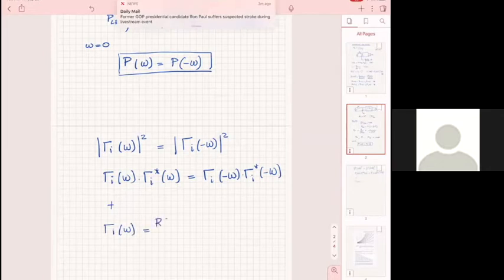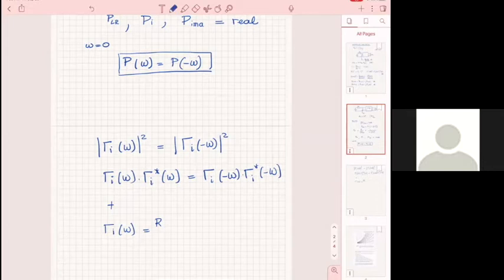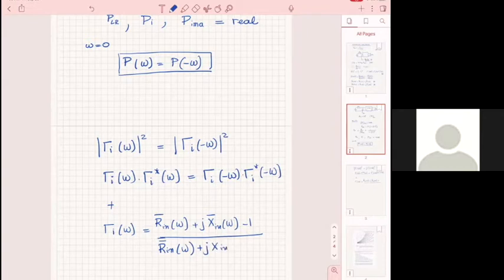R input of omega plus j X input of omega, all of this normalized, minus 1, divided by R input of omega plus j X input of omega, plus 1.